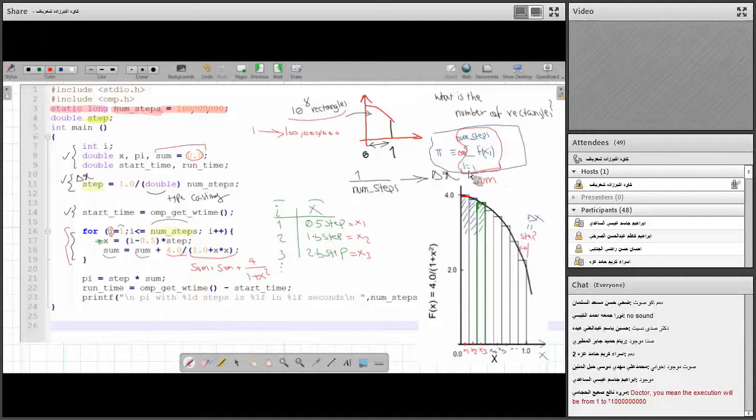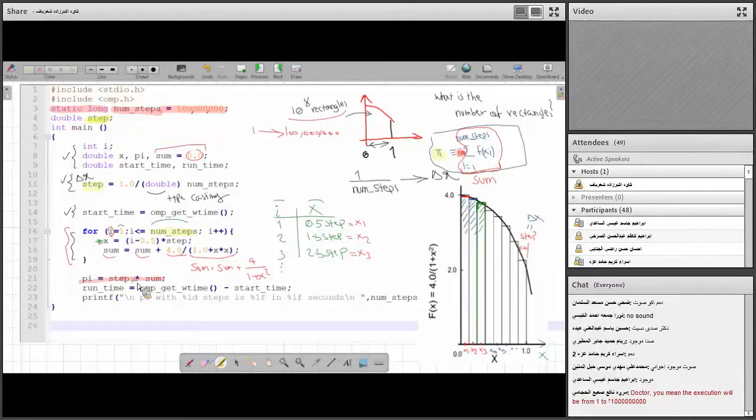We can calculate this sigma. Now, to compute the pi number, we just multiply the sum with delta x.